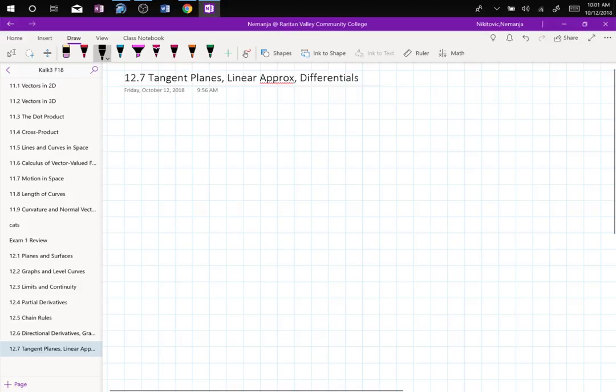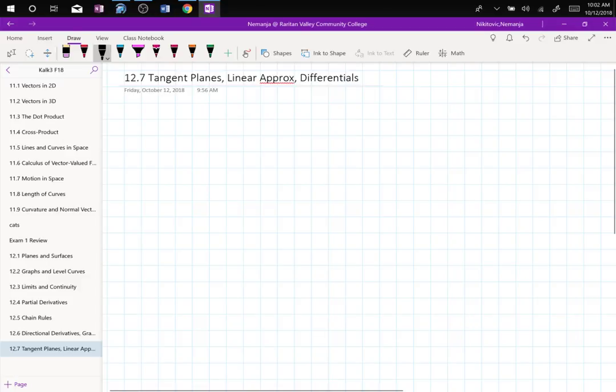Just like you can't have a tangent line at the tip of the absolute value of x, because it's a spike there and it's not differentiable. So in order to have the tangent plane, we have to have a smooth, differentiable surface.